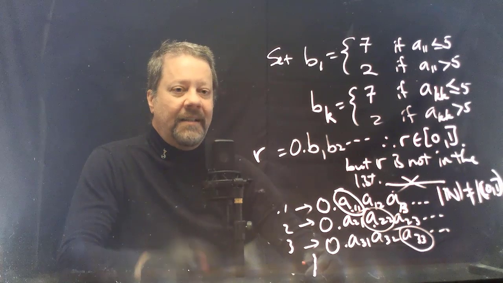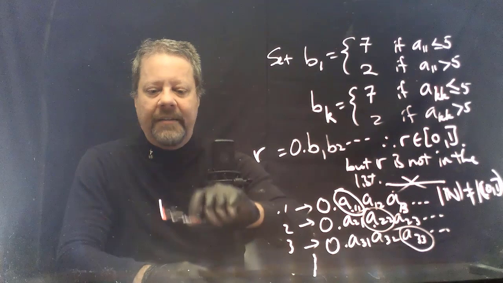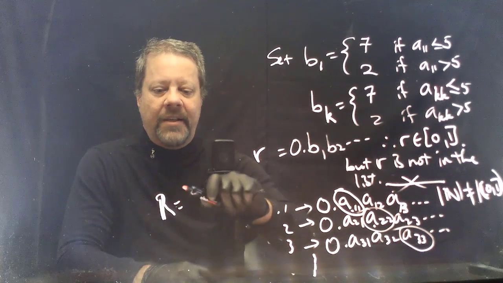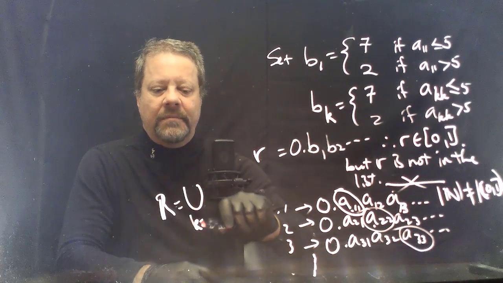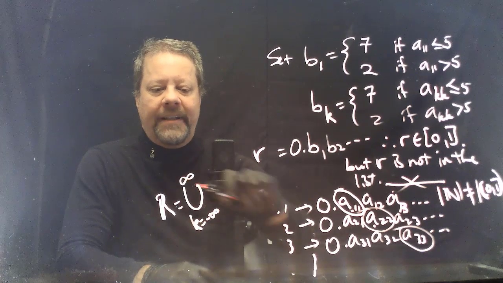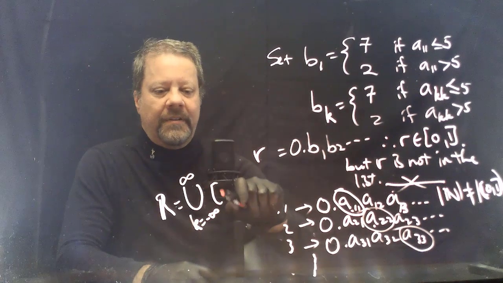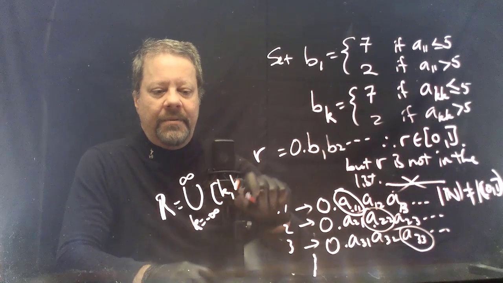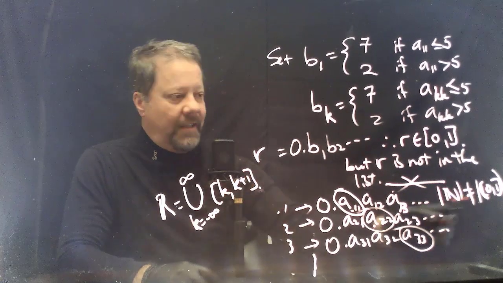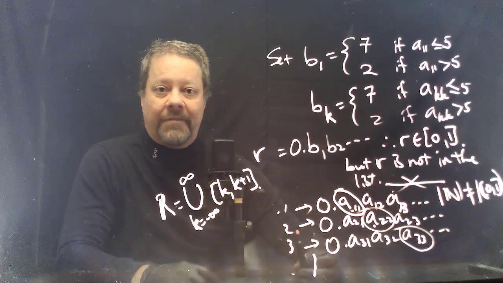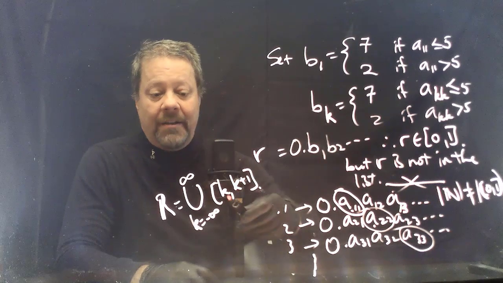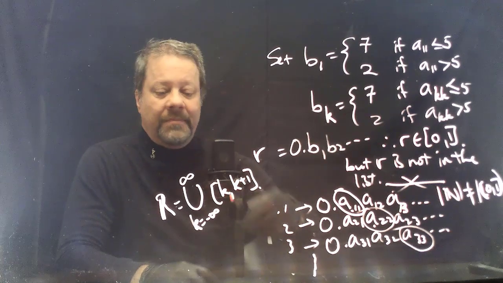Now keep in mind, the real line is a union of a countable number of intervals from k to k plus 1. Intervals of the form closed interval from 0 to 1 would be in here when k is equal to 0.